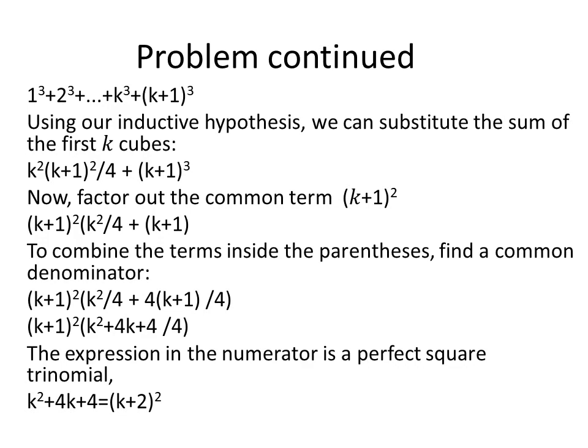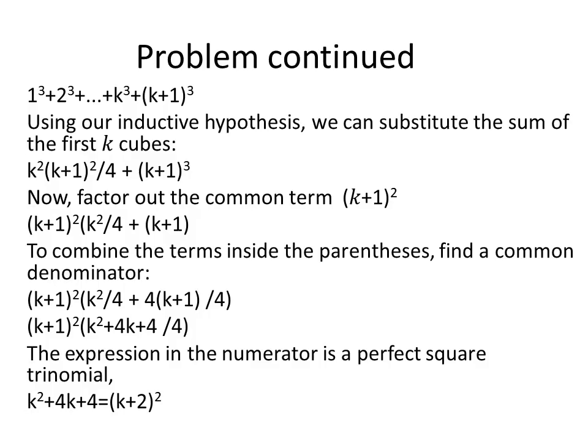To combine the terms inside the parenthesis, we find the common denominator: k plus 1 whole square into k square by 4 plus 4 into k plus 1 by 4, that is k plus 1 whole square into k square plus 4k plus 4 by 4.